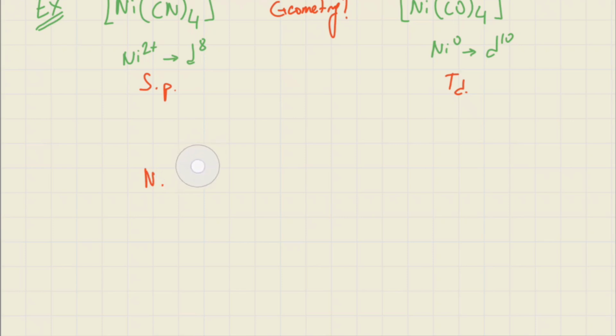So we have nickel in the center, we have one cyanide here, we have another cyanide here, and the other two cyanide molecules are coming to us. So this is the geometry of the square planar, right?